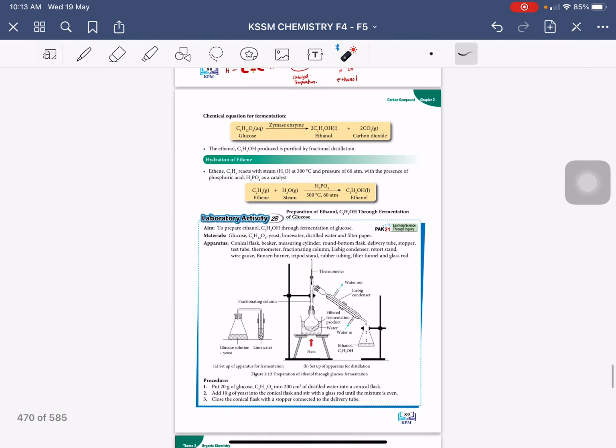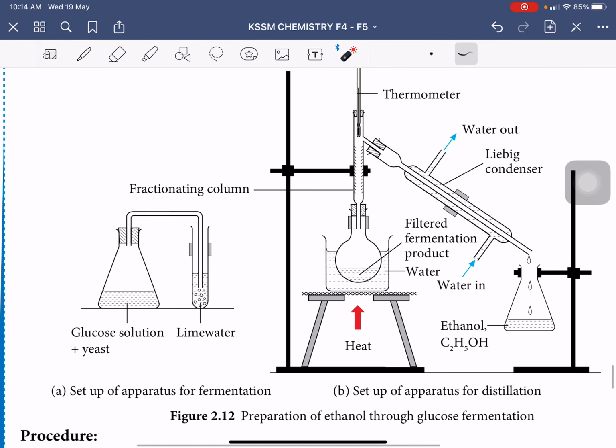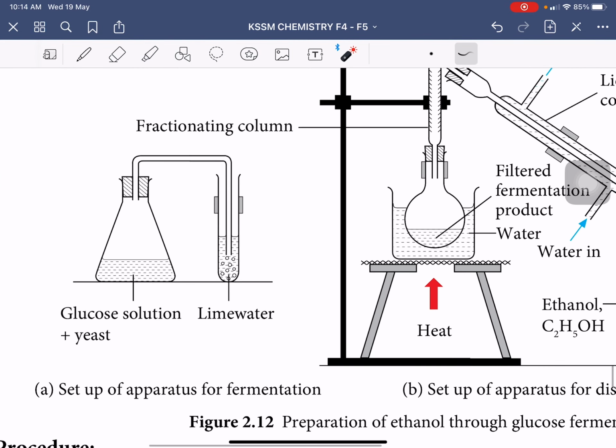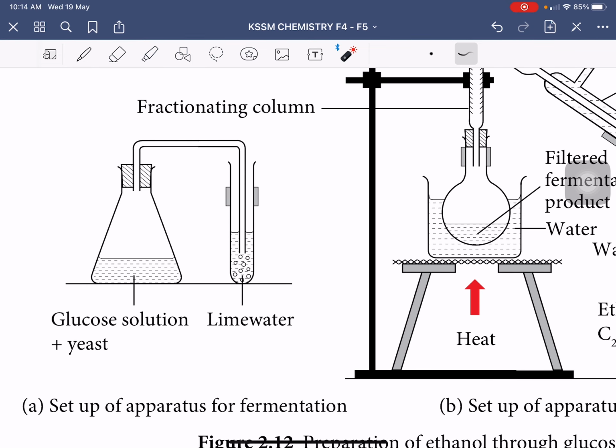So let us look at the simple setup here. Setup apparatus of fermentation. This is a very simple setup. You use a conical flask, close it, and then you use a delivery tube to deliver the gas from the glucose solution. As I mentioned earlier, yeast will act on glucose to produce CO2.